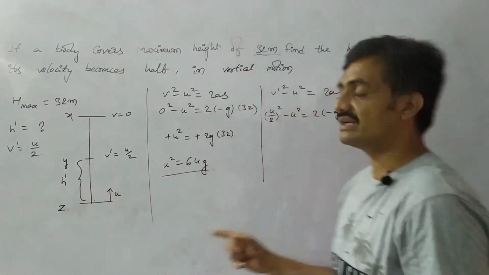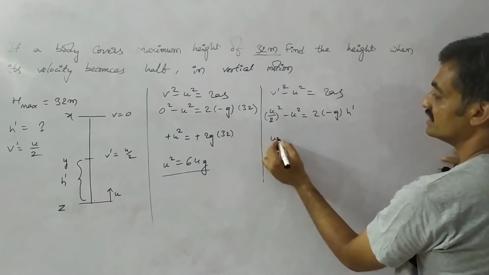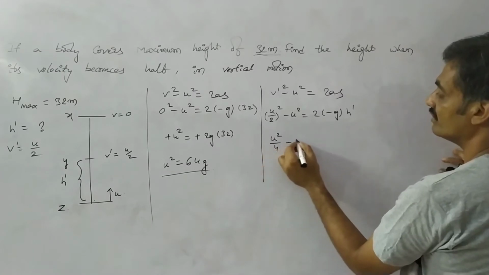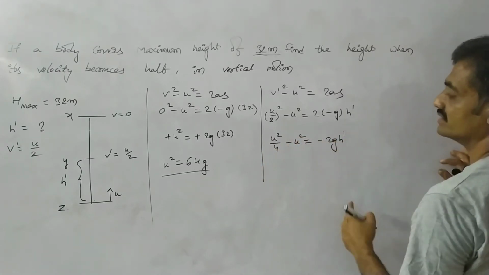I have to find this height. We know that u by 2 whole square is u square by 4, minus u square equals minus 2g h dash.